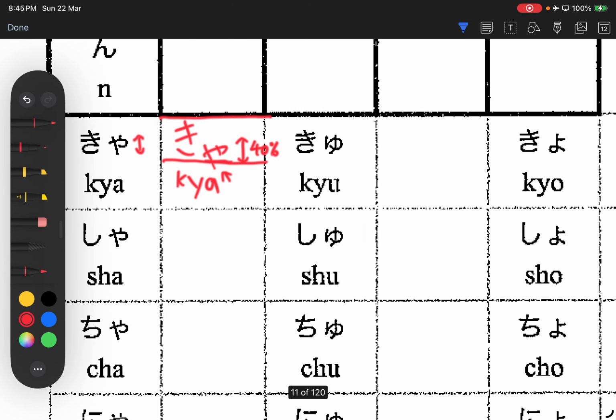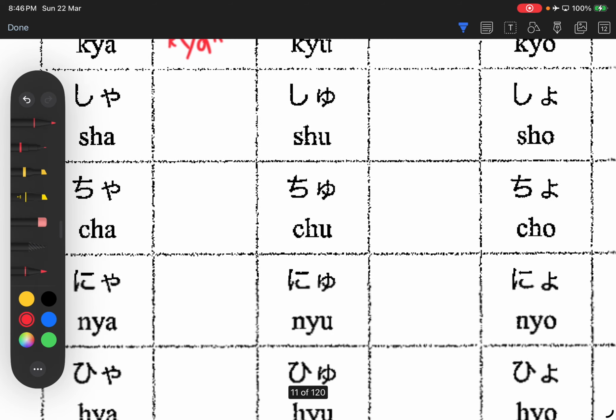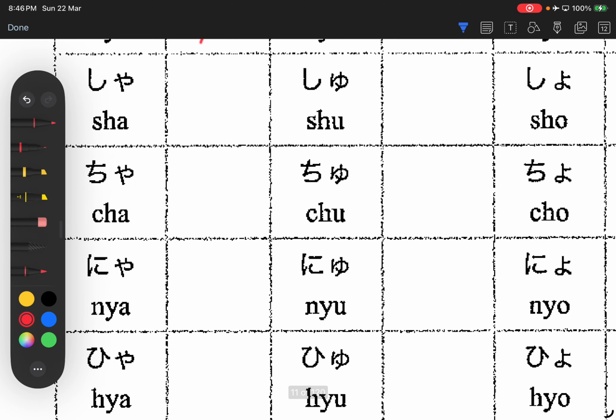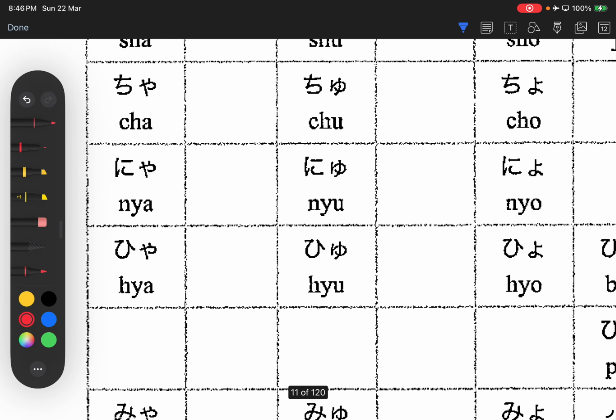Okay, next, repeat after me. Kyu, kyo, sha, shu, sho, cha, chu, cho, nya, nyu, nyo, hya, hyu, hyo.